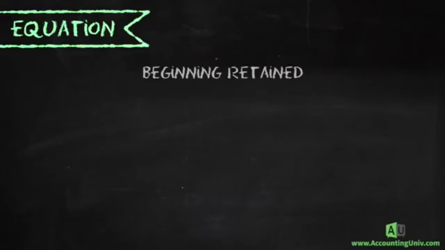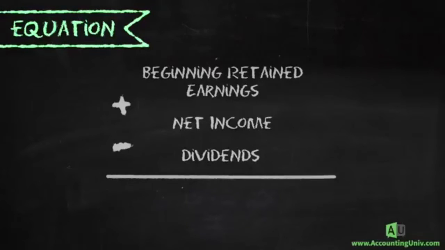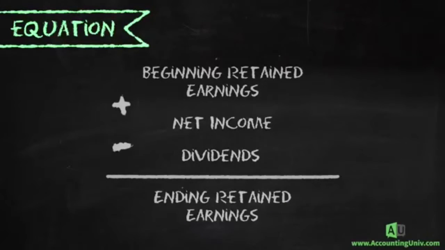So, how do we calculate retained earnings? Here is the equation. Beginning retained earnings plus net income minus dividends equals ending retained earnings. The ending retained earnings is the value that is reported on the balance sheet. Now, let's review.